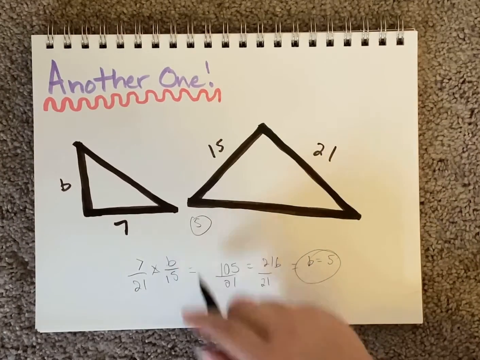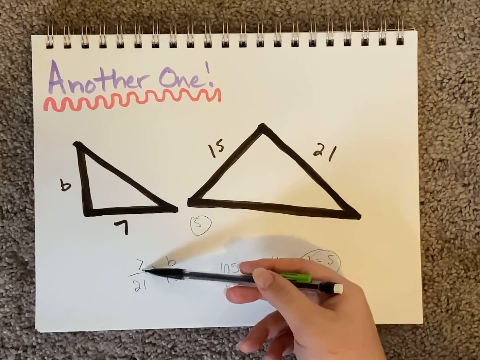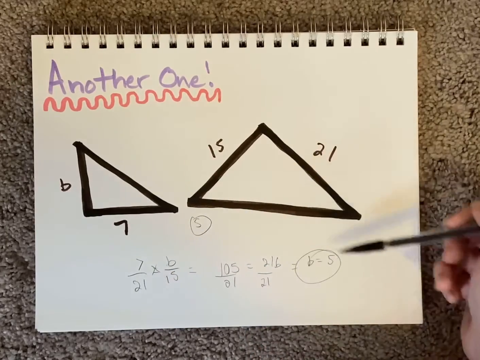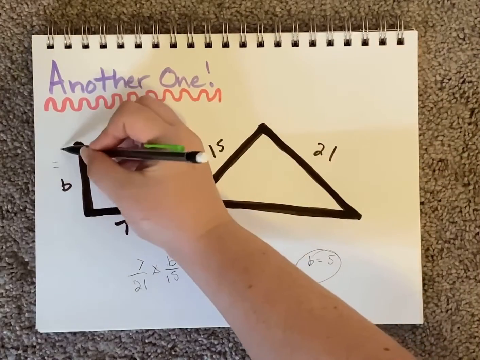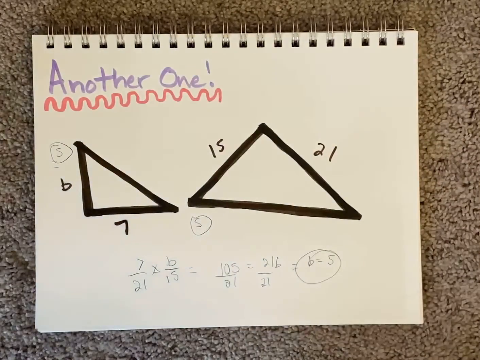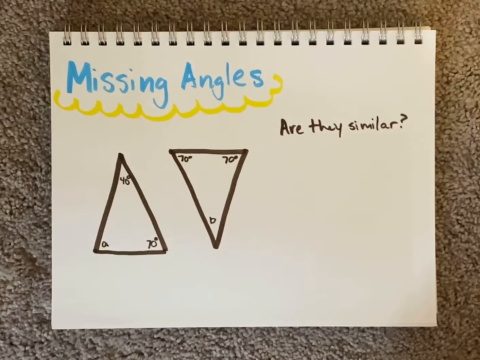So our inductive reasoning earlier for rationalizing this to 5 would be correct. So our missing side would be 5. And that's another way of using ratios and proportions, and a different way to find that missing side.